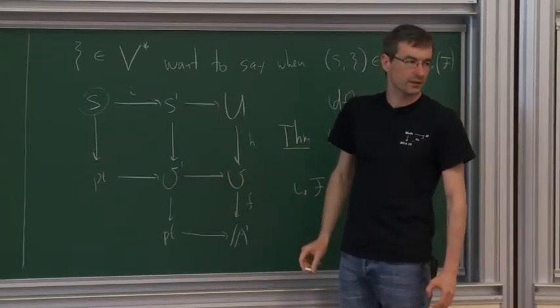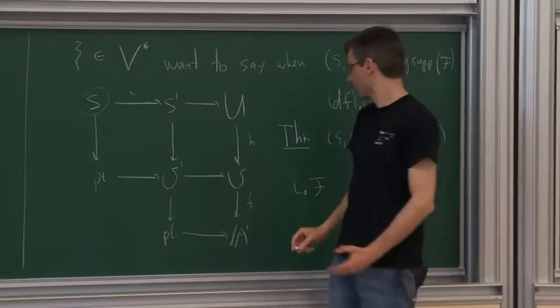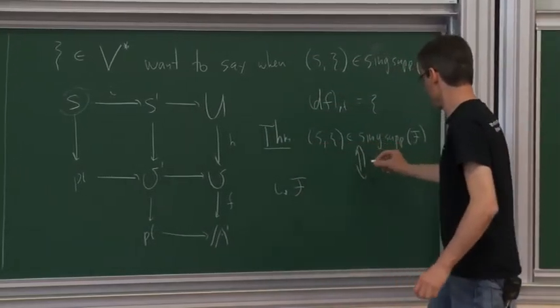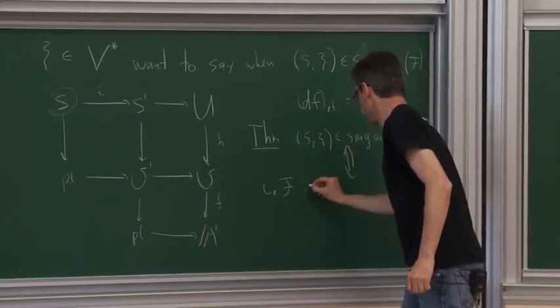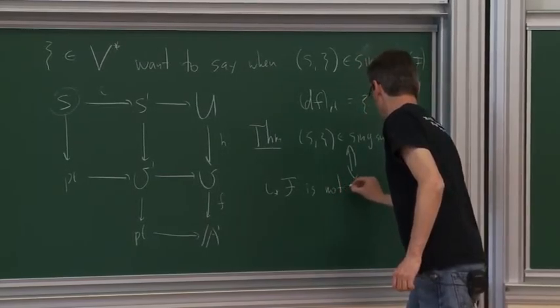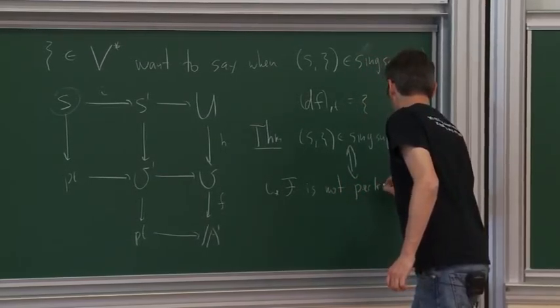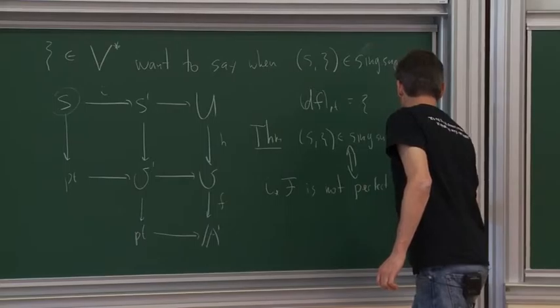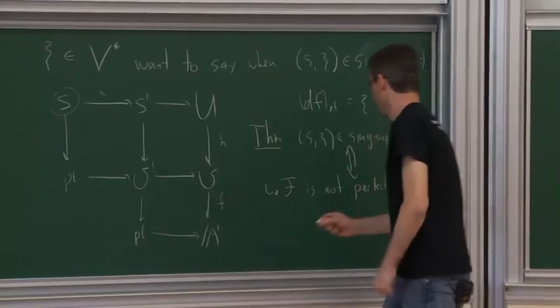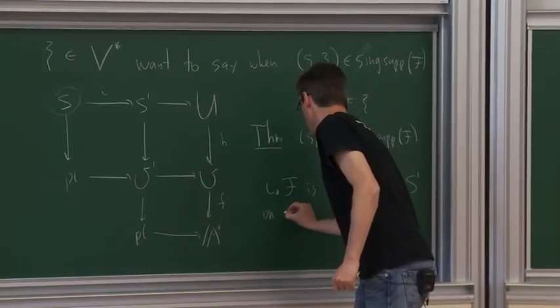In the neighborhood, yes. So it belongs to this if the direct image is not perfect on S prime, on the Zariski neighborhood.